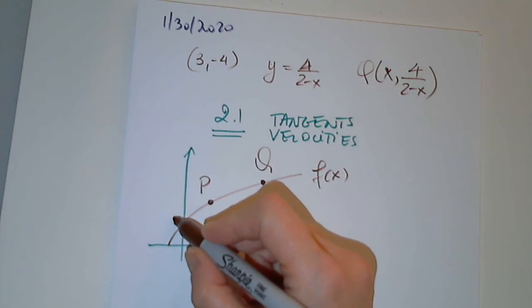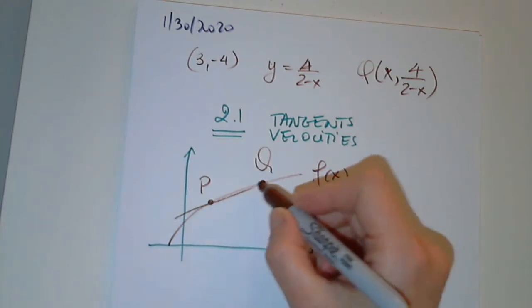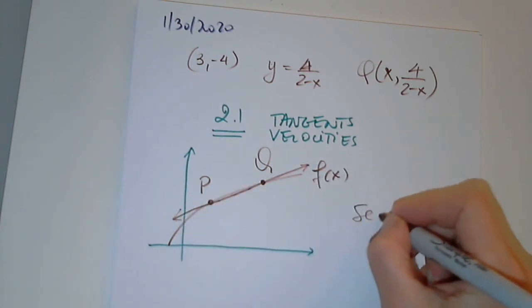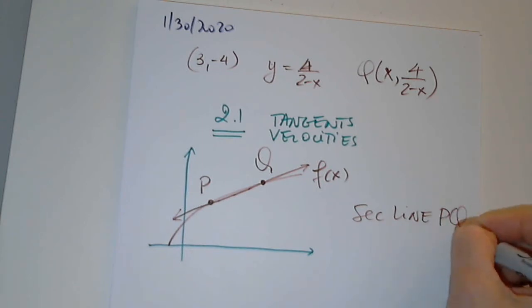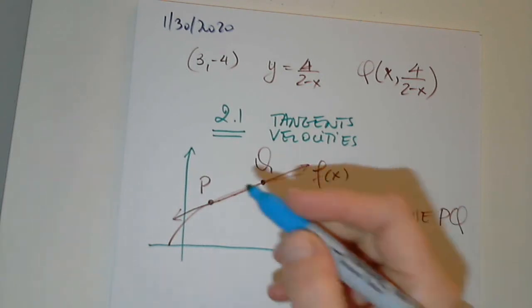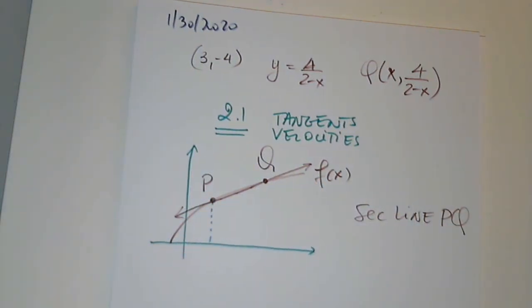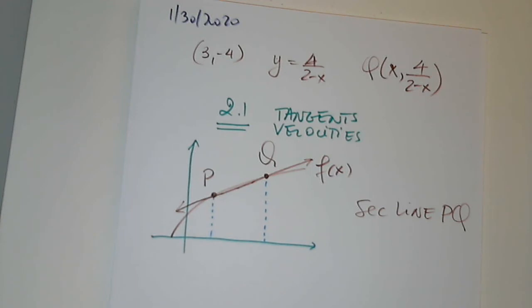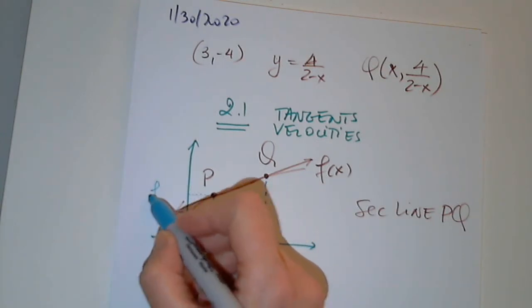I'm going to draw what is called the secant line, the line that crosses the graph of a function in 2 points. So this is secant line PQ. I'm going to put some x values here for these 2 points. I'm going to call this A, and I'm going to ask you to tell me what is the y-coordinate of point P. Excellent.